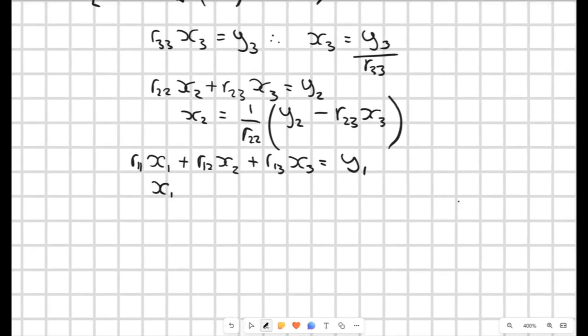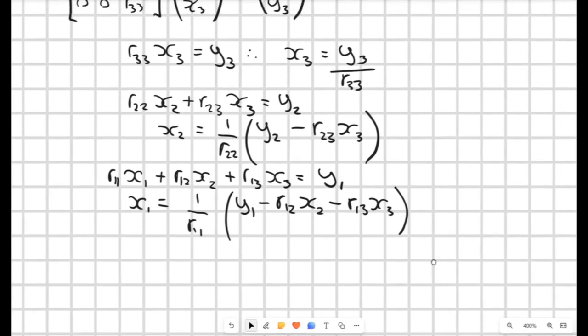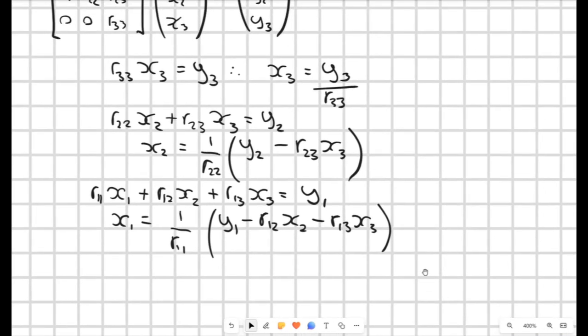So we know that x1 is going to be equal to y1 minus all these other terms, so minus r12 x2, minus r13 x3, and because of this term here, it's all going to be divided by r11. And again, we know all of the r's, we know y1, and we found x2 and x3 in the previous iterations.